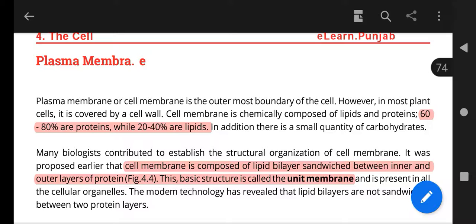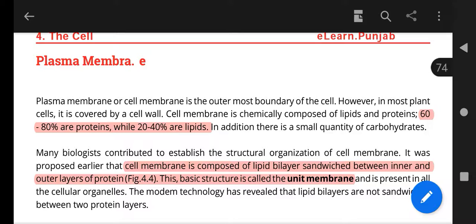Actually, cell membrane is flexible and semi-permeable that allows only few or selective substances to pass through it, and it contains a lot of biological molecules, especially proteins, lipids, glycolipids and carbohydrates.